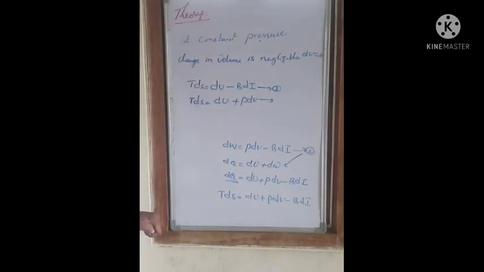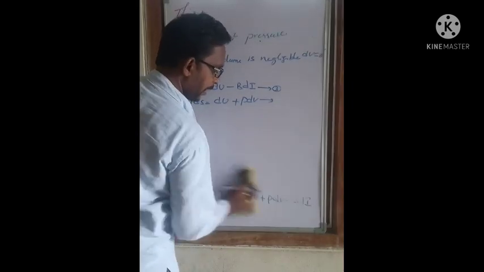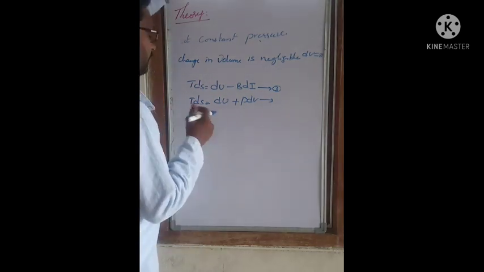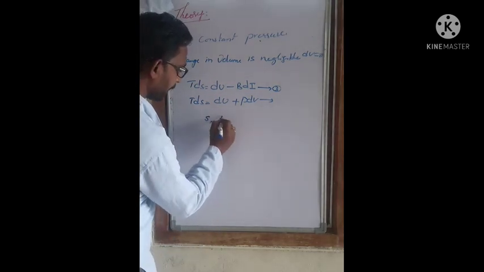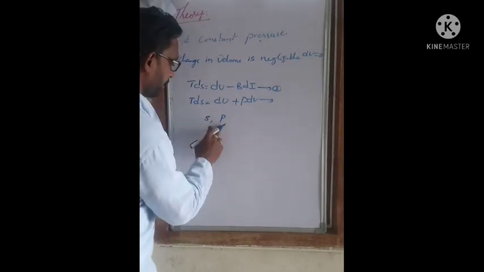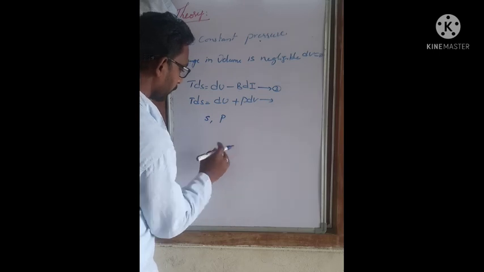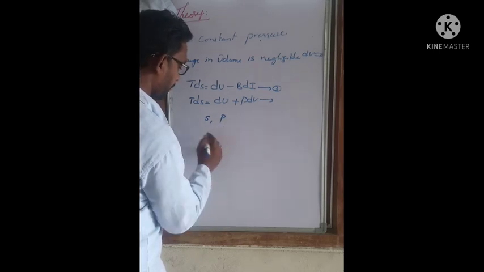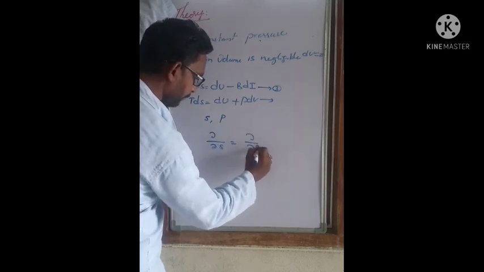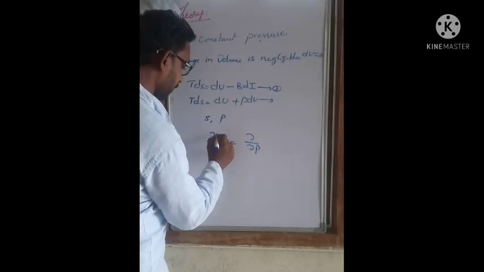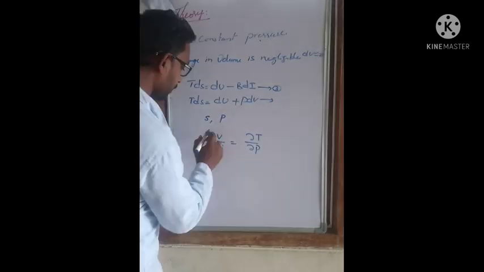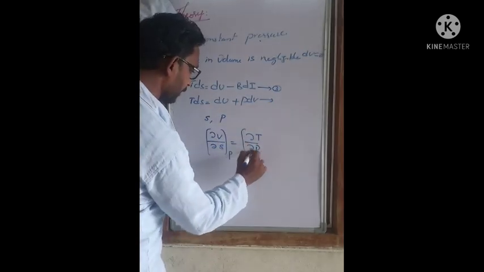Now, according to Maxwell's thermodynamic equations, the equation related to entropy and pressure can be written as: (∂V/∂S) at constant pressure equals (∂T/∂P) at constant entropy.